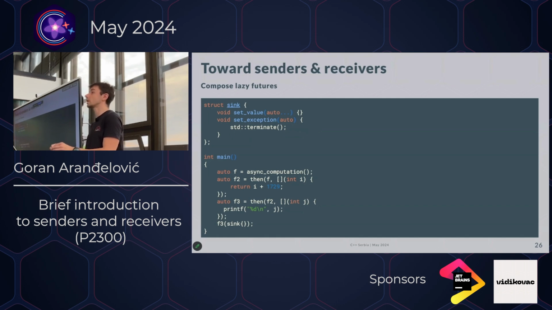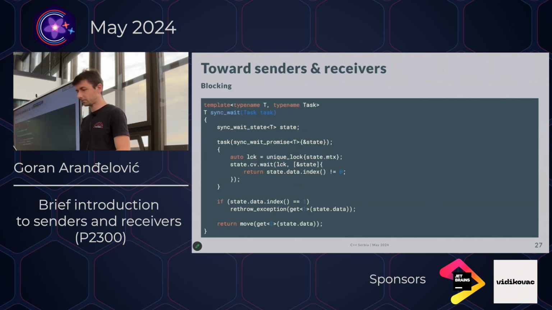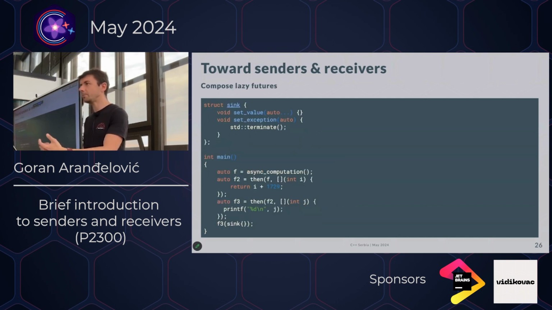We need to block somehow and wait for the result. That's why we need what they call a sync object, some object which is aware of this condition, which is able to block until it gets the result. And as you can see, we pass that sync object again as some form of promise.